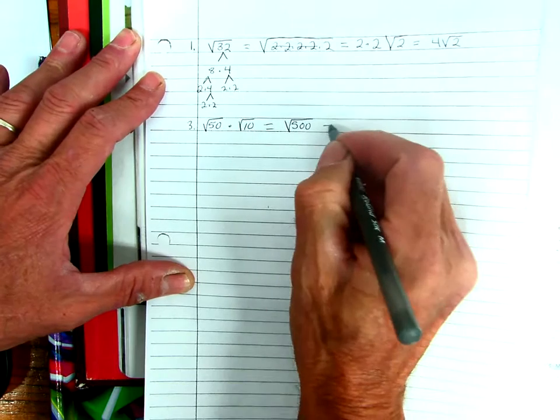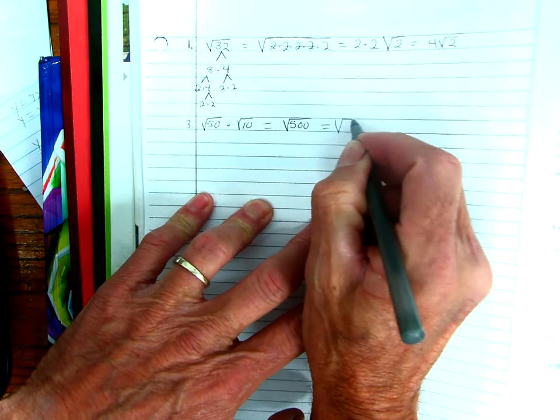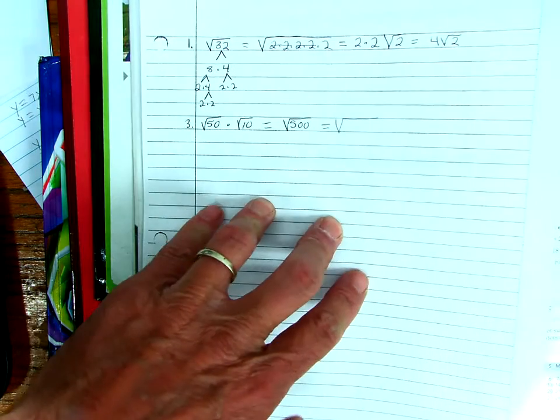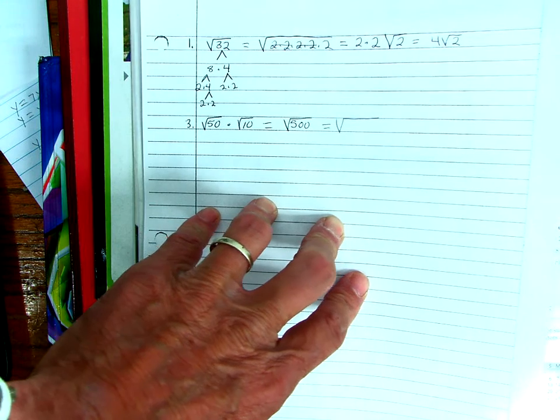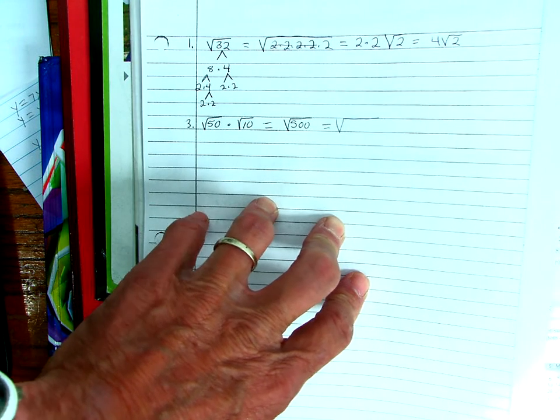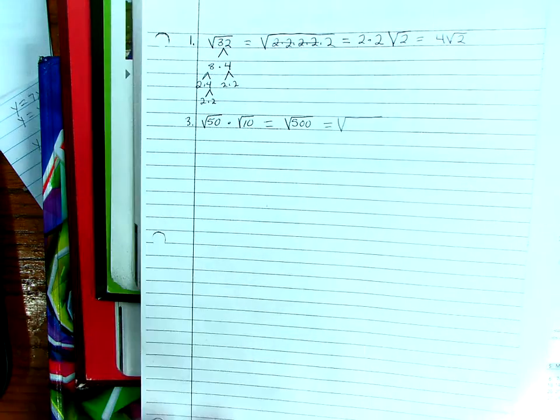It equals the square root of, I can break this down to prime numbers. 500 is a pretty big number, so I'm going to give myself a little edge. Can you think of any perfect squares?